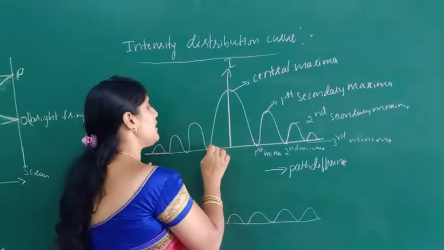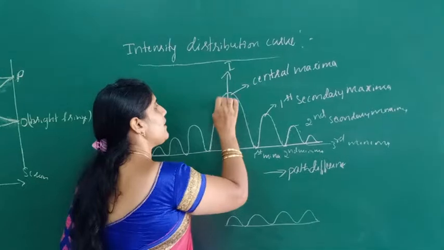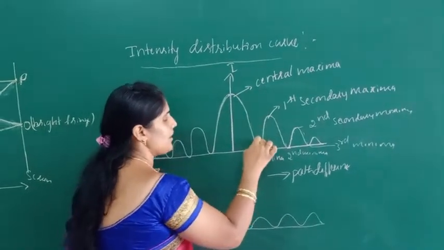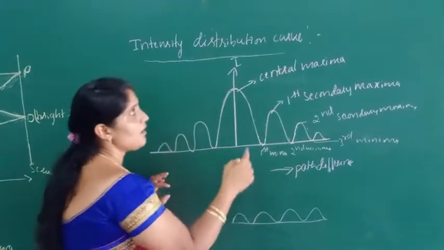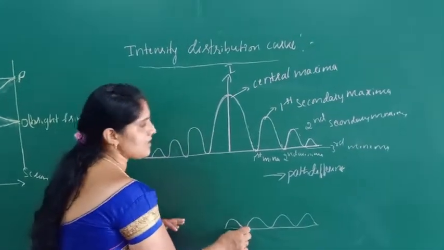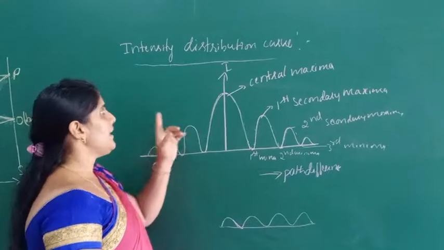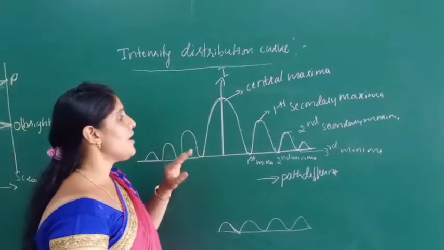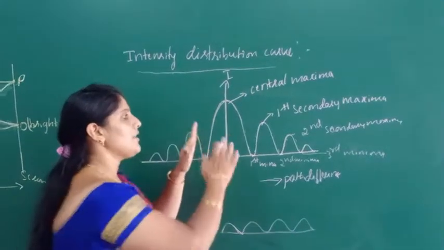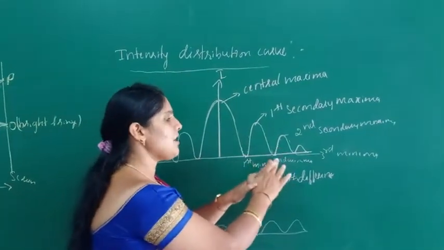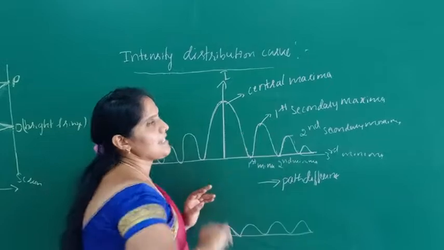Here the central fringe is bright. In interference, the dark fringes are perfectly dark, but in diffraction, dark fringes are not perfectly dark, because the intensity is not constant, it goes on decreasing.